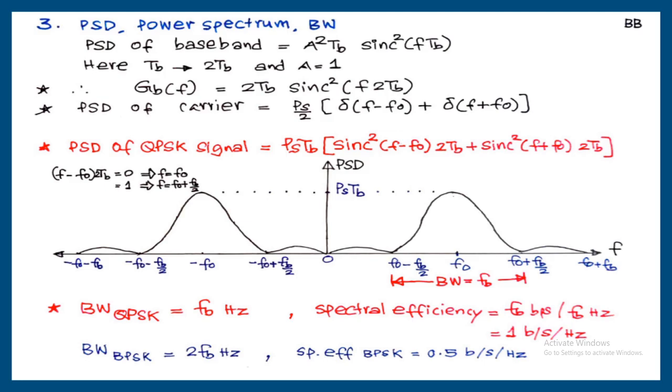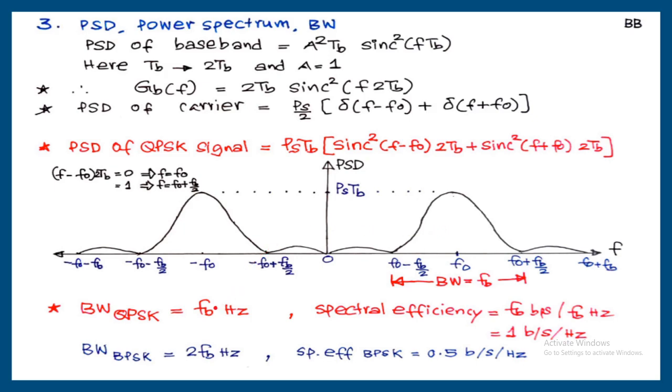So the advantage over BPSK, we can see here only the half bandwidth is needed or the spectral efficiency will be doubled. That is the main advantage we are getting from QPSK compared to BPSK or BASK or BFSK. Spectral efficiency is more. When we are saying the bandwidth is FB Hertz, what is the meaning of this one?